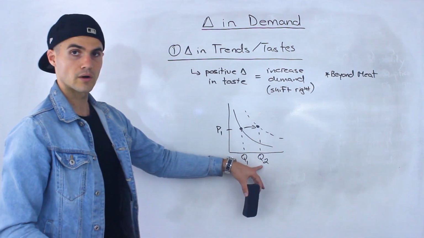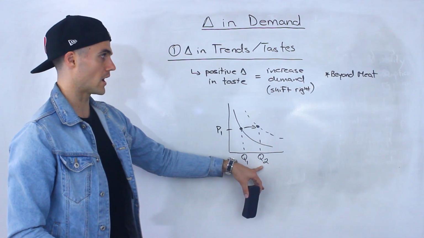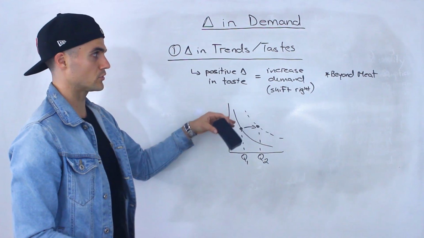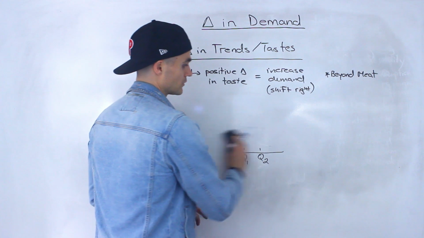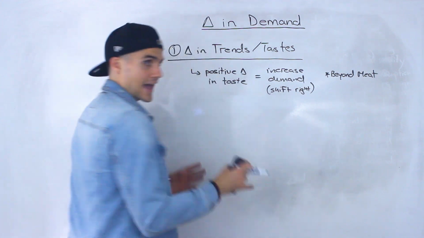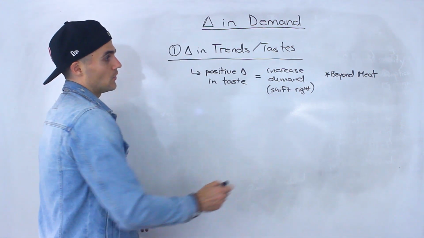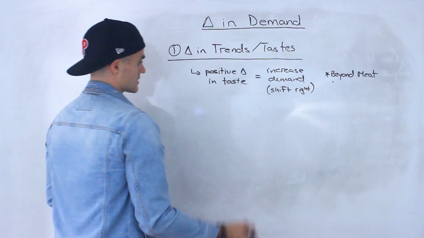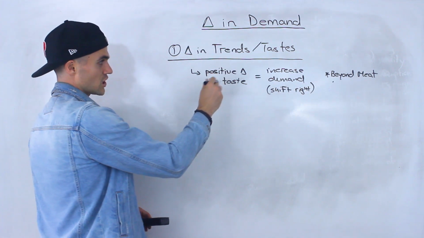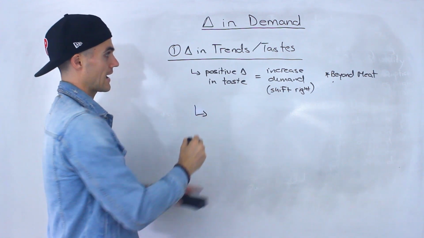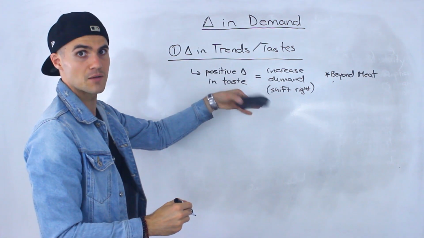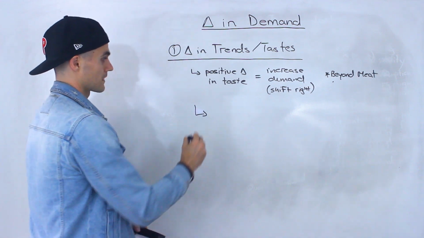That quantity demanded went up. So that's a recent example of a positive change in taste. I don't know what's going to happen in the future, but as of now when I'm making this video, this company is a good example of a positive change in taste or a trend in the market that has caused an increase in demand of that product.